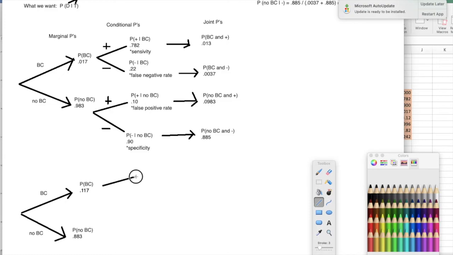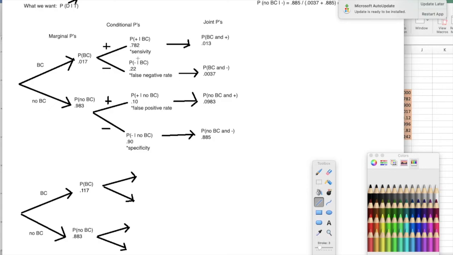This is important because this is where people kind of trip up here. The diagnostics on the test have not changed. So this part of your tree diagram doesn't change. The sensitivity and the specificity are unchanged.